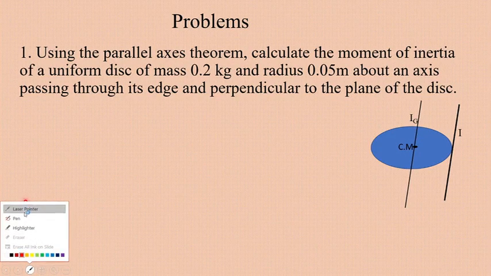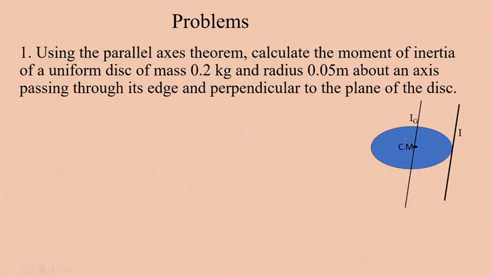Now, according to the parallel axis theorem, the moment of inertia about this axis, perpendicular to the plane of the disk and passing through the edge, can be calculated by I is equal to Ig plus ma square.